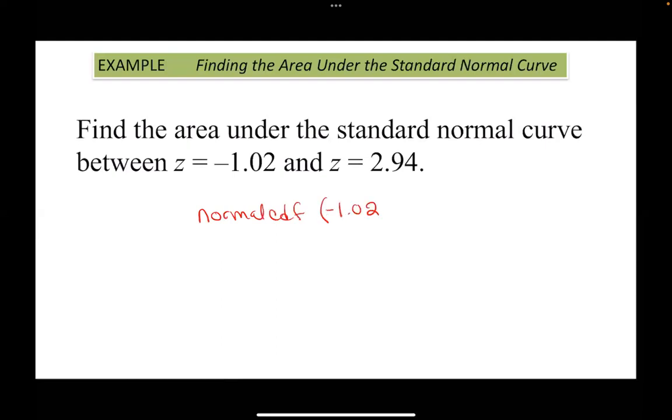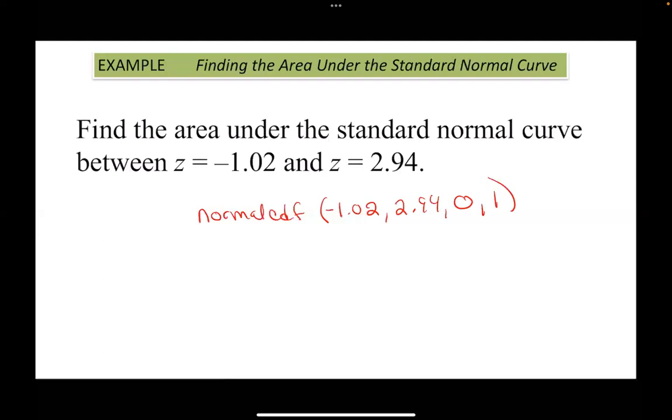Your upper bound is 2.94. Your mean would be 0 and your standard deviation is 1. Because we're looking between those two values, this is so much better than using the z-score because we would have to be subtracting things off, and we don't want to go there. We have a calculator for a reason. It's your friend.